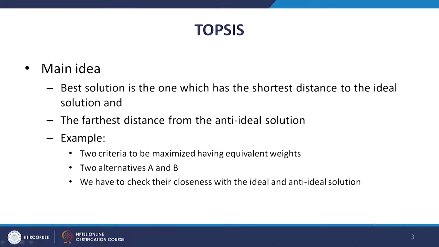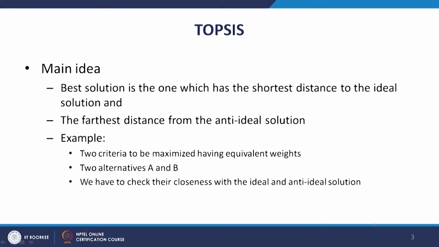Let us understand this through an example and some graphs. Let us take this example. We have two criteria to be maximized, and they have equivalent weights, and we have two alternatives, A and B. Now, we have to check their closeness with respect to the ideal and anti ideal solution.